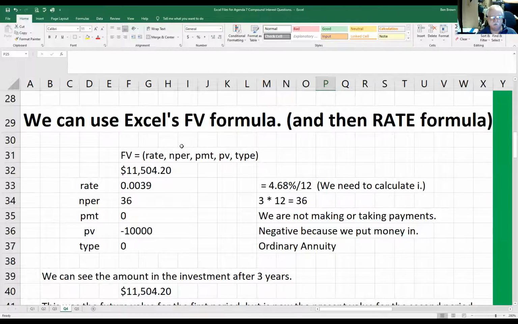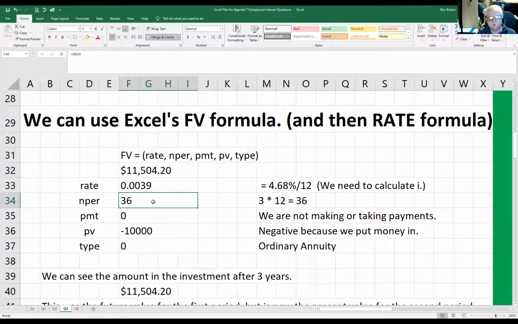We can calculate the future value. Here's her 10,000 going in, it's negative. Here's the rate of interest, 4.68% divided by 12. We have to calculate that and put it in there. It's 3 years, 12 times a year is 36.